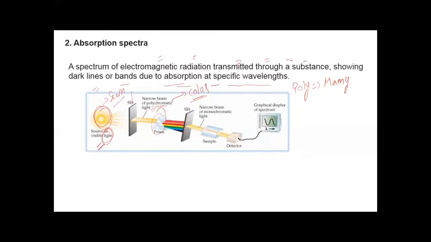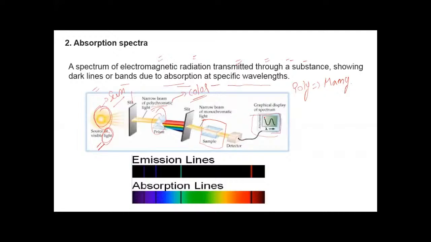And when this is passed through this slit, we place a sample that we want to analyze. Now, what will this sample do? This sample will absorb a certain wavelength of light and allow all the other light to pass through it. And then we are able to see the spectrum on this monitor.